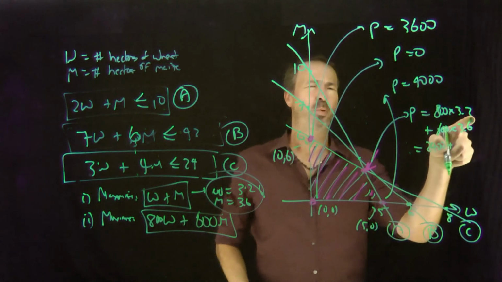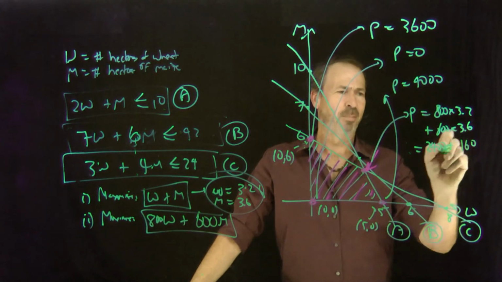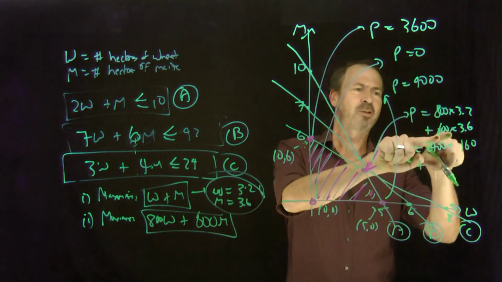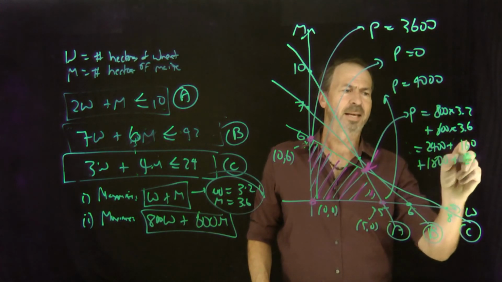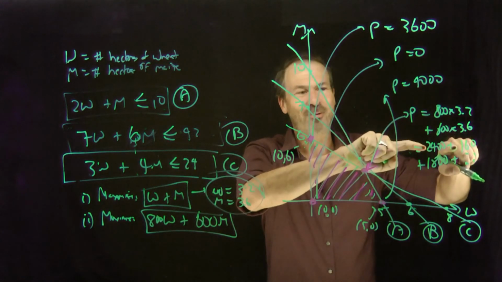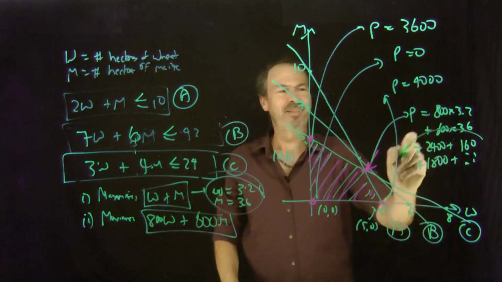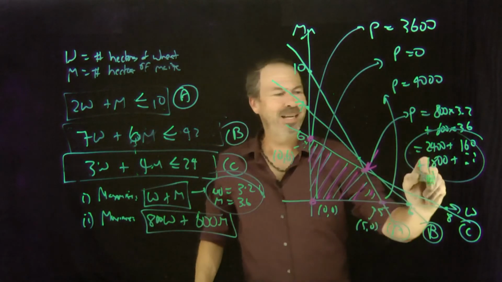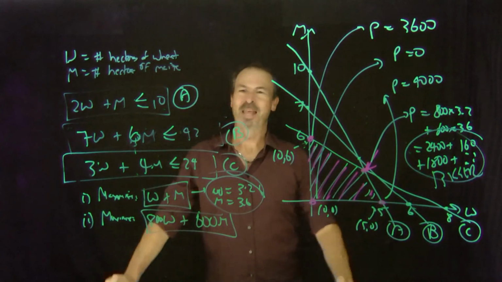Plus 800 times 0.2, that's 160, I believe. Plus 600 times 3, 1,800. Plus something else. I'm not going to bother working it out, because 2,400 and 1,800 is already bigger than that one. It's bigger. So I know the maximum without even knowing the number.